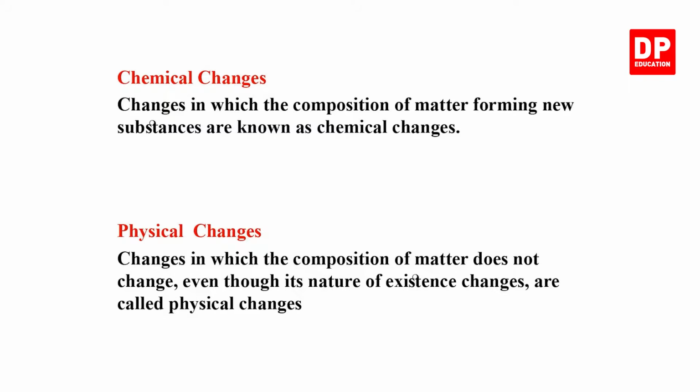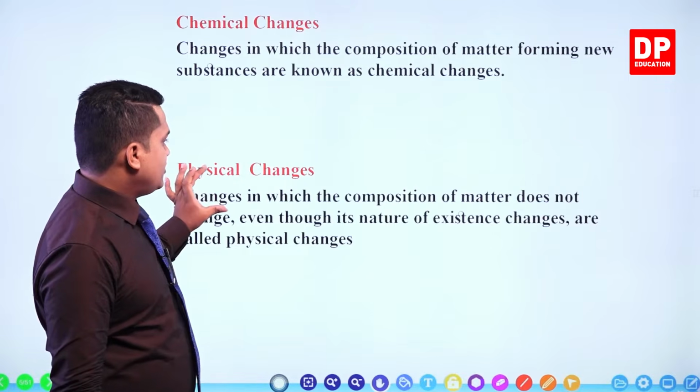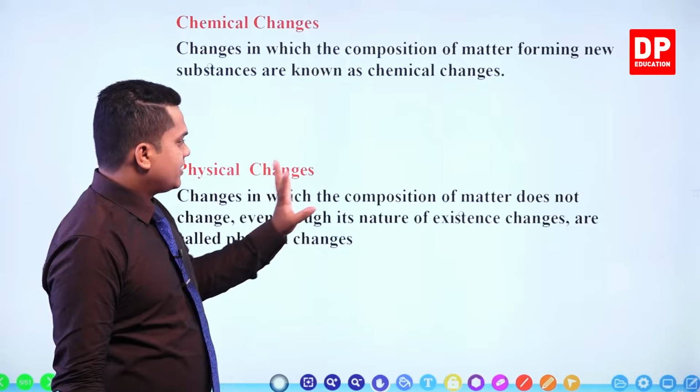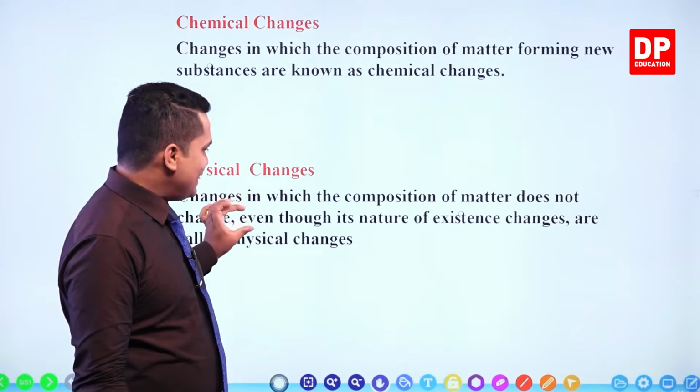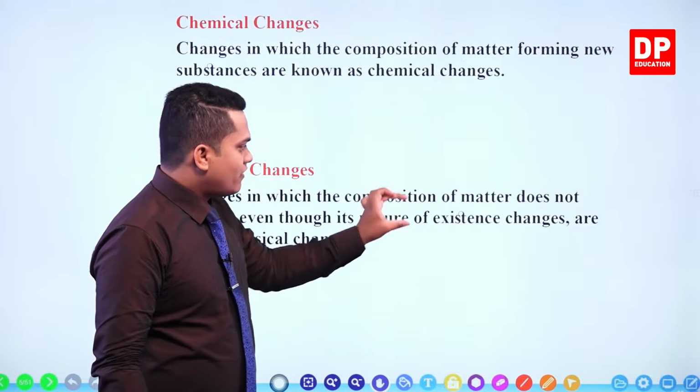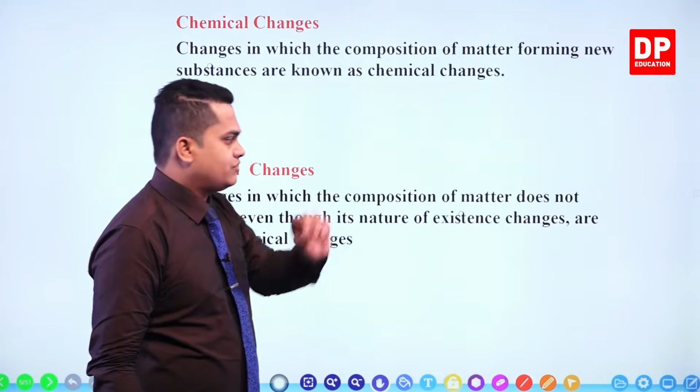Right, my dear children, once again you are given the explanation for physical and chemical changes. Chemical changes are changes in which the composition of matter changes, forming new substances. Physical changes are changes in which the composition of matter does not change even though its nature of existence changes.